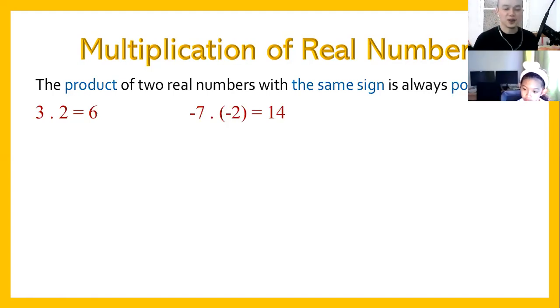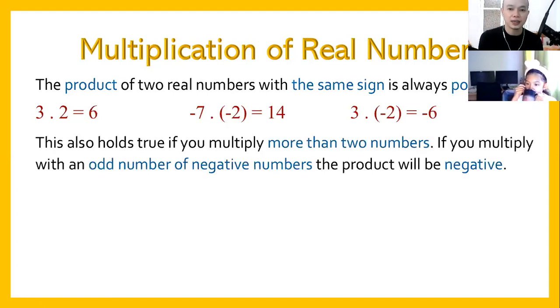You get it? All right, as simple as that. Now, the next one is 3 times negative 2, that will be negative 6 because the two numbers have different signs. Correct. Very good.